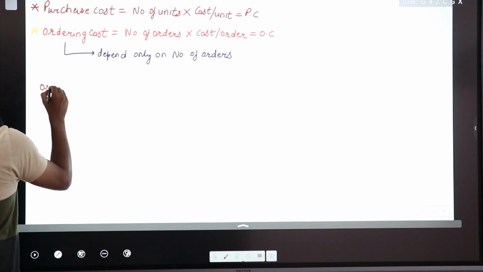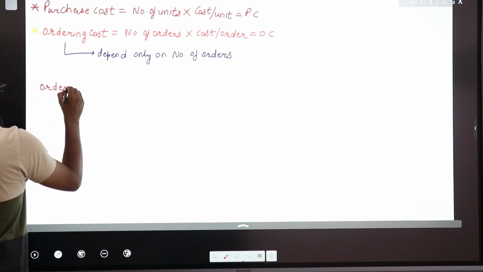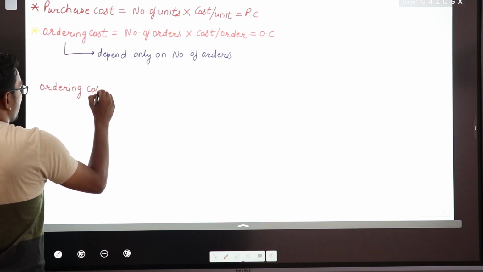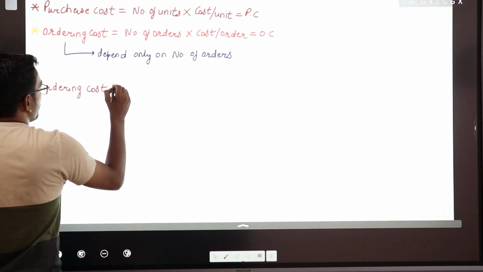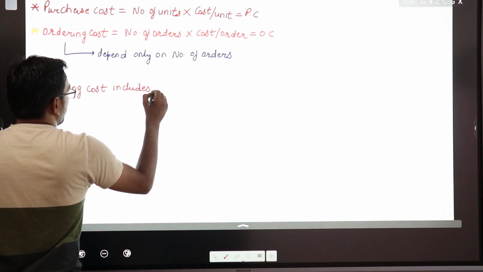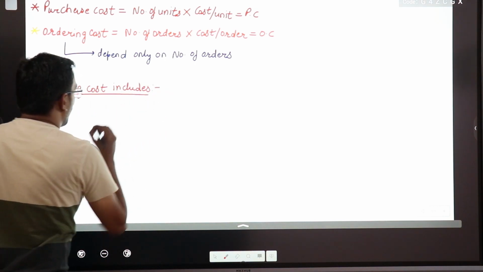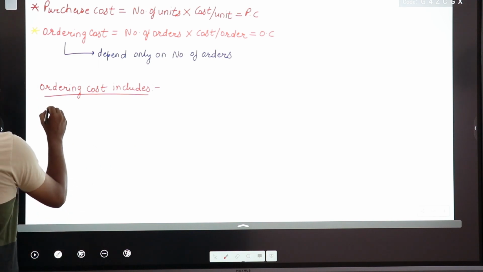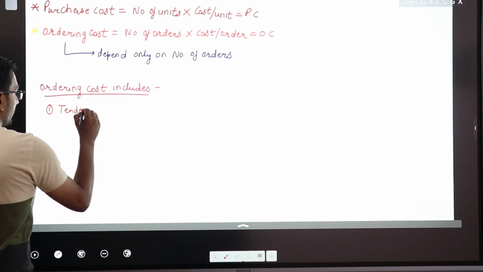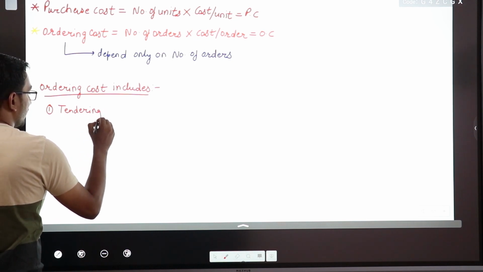So if I write here, what are the various costs associated with the ordering cost? Ordering cost includes, first one, tendering cost. You need to process a tender.